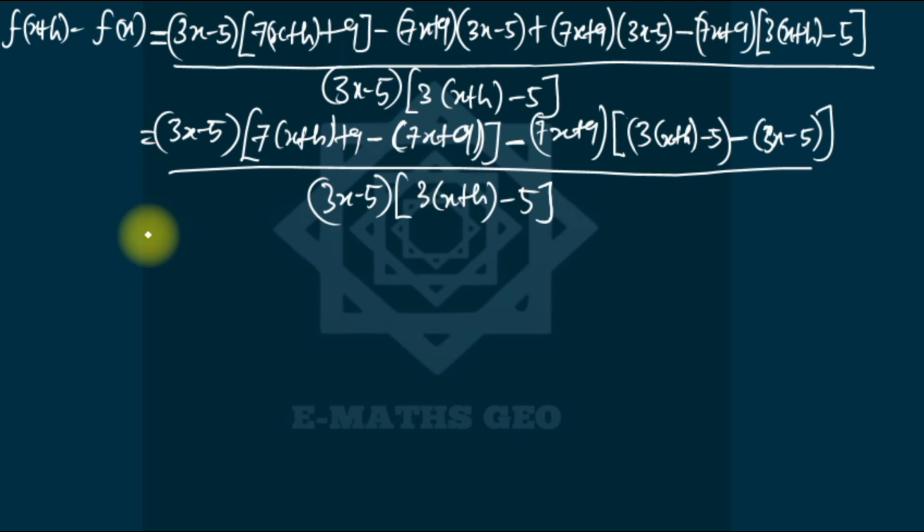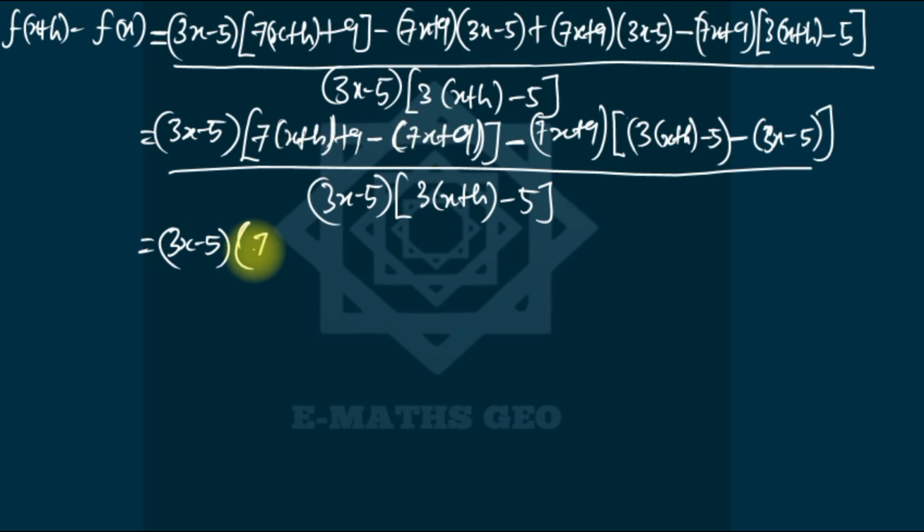So let's simplify a little. Let's reduce. If I expand this bracket, 7x minus 7x is gone. So let's repeat 3x minus 5.